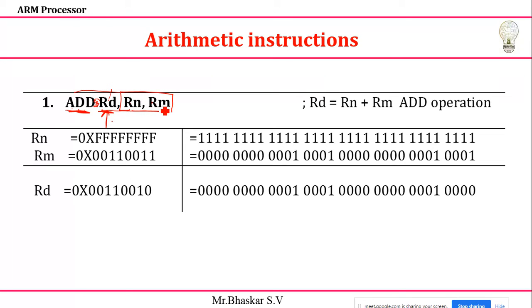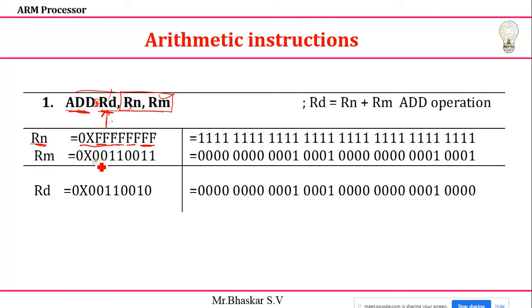So how are we going to do this? Rn has some content. For explanation purposes, I'm going to take Rn having the content 0xFF, 4 bytes of information: first byte, second byte, third byte and fourth byte. 4 bytes of information is nothing but 32 bits, a complete word. The second data I'm going to take is Rm.